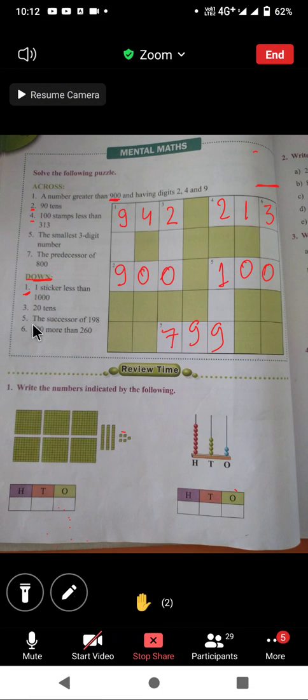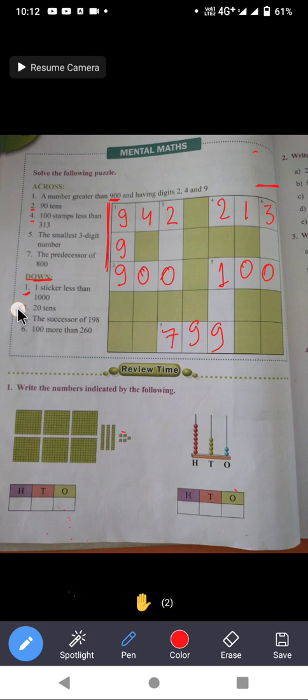Yes, 1 less than 1000 is 999. So where do we write 999? In the first part, like this. The 9 and 9 are already written here, so 999 can be written like this.